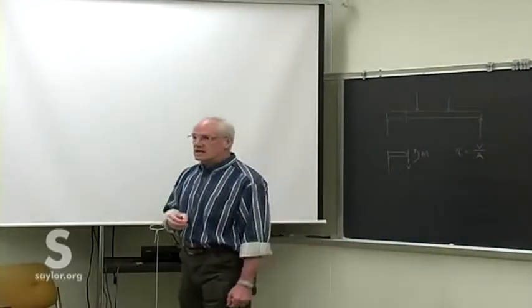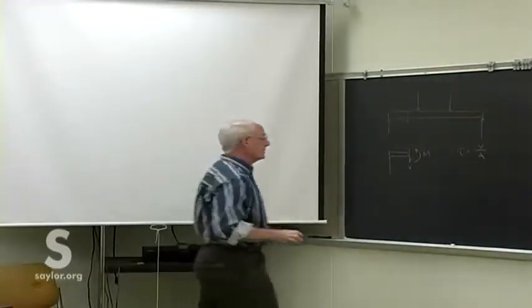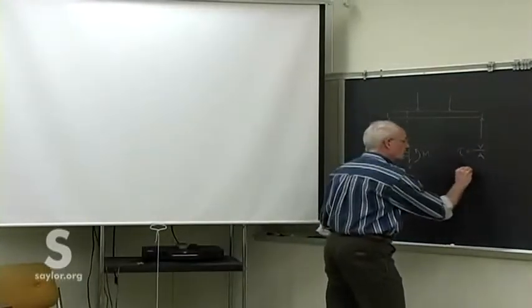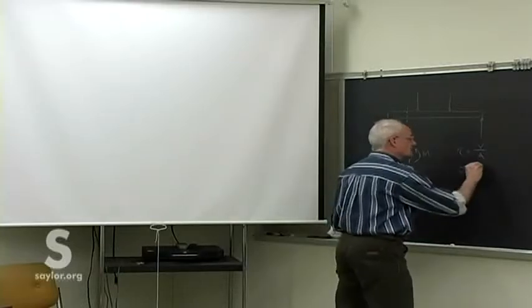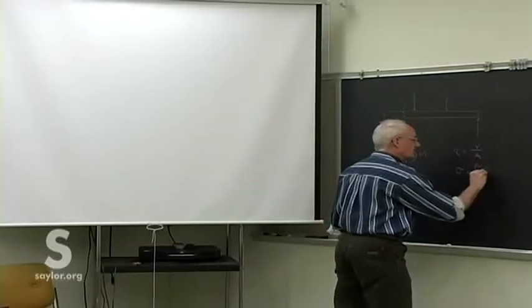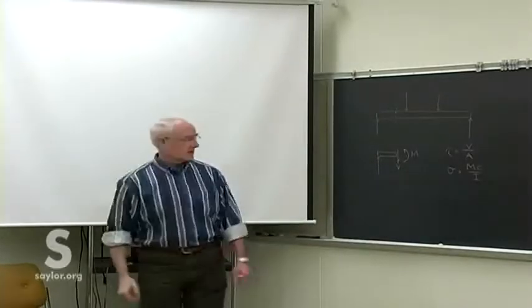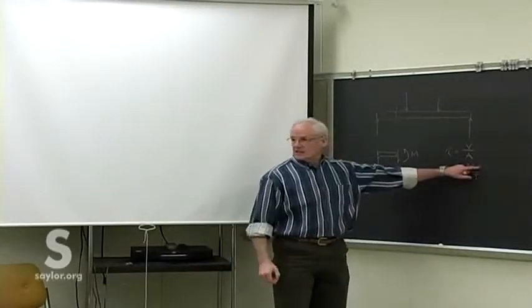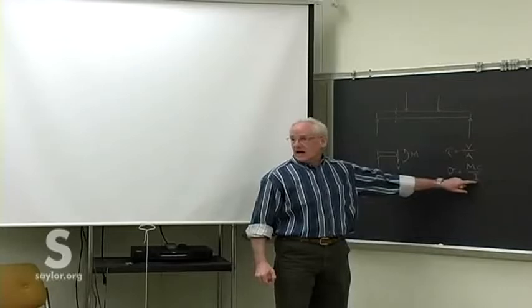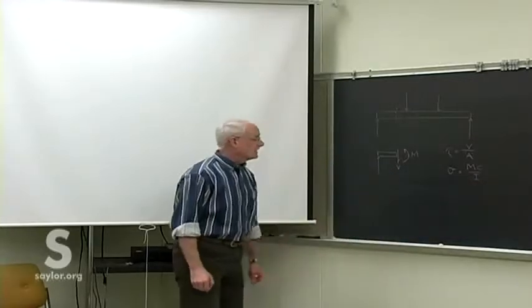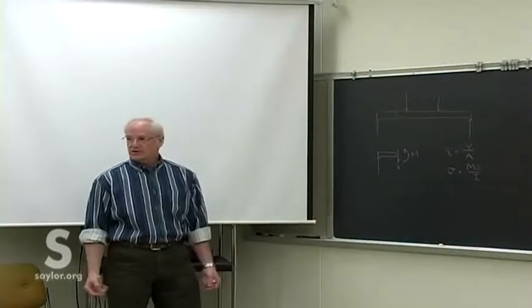We don't need anything like we did with the bending, where the normal stress was a factor of the size and shape of that cross-section. Remember that the C had to do with the size of it, and the I had to do with the actual shape, the moment of inertia.